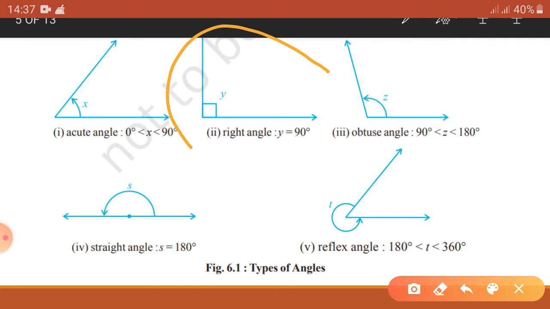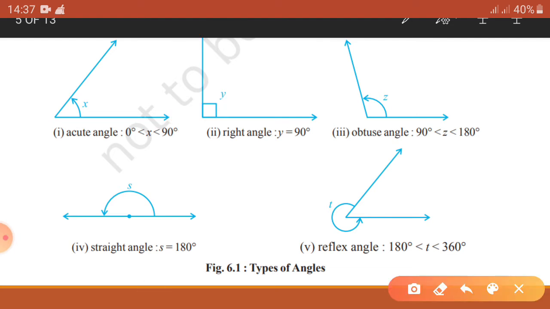Next angle is known as the right angle. When the angle formed by two rays is equal to 90 degree, then this angle is known as the right angle. Here for right angle we have to make the angle that way. This symbol denotes that this angle is equal to 90 degree.